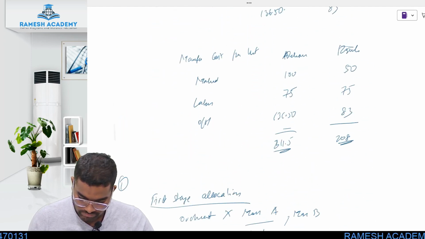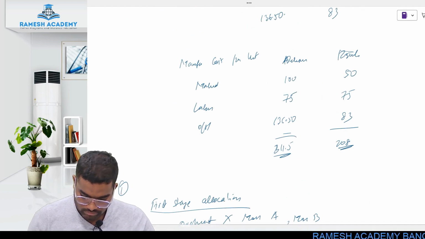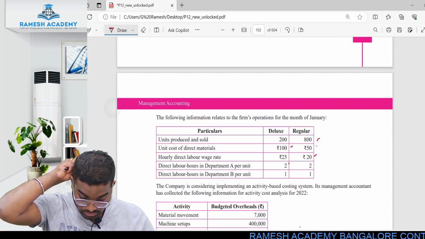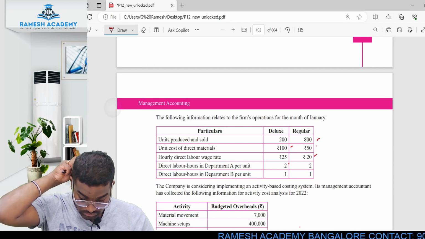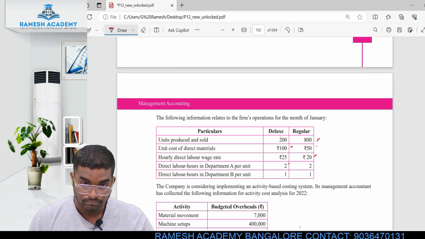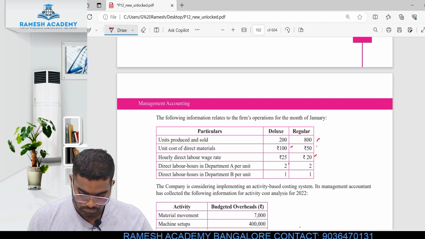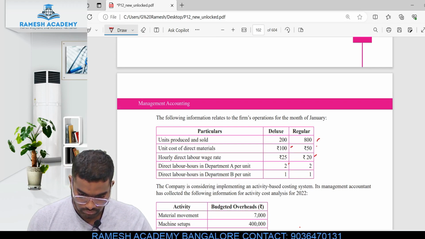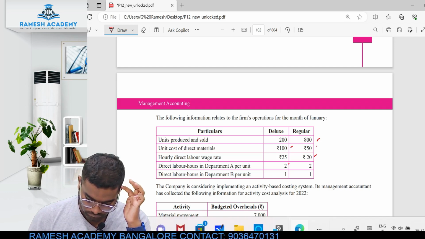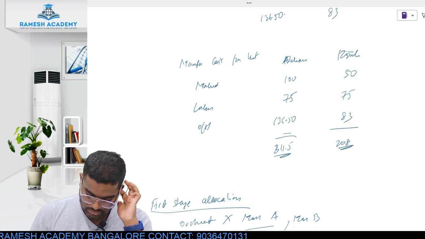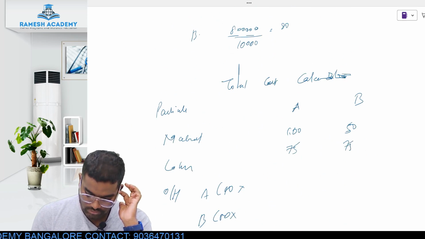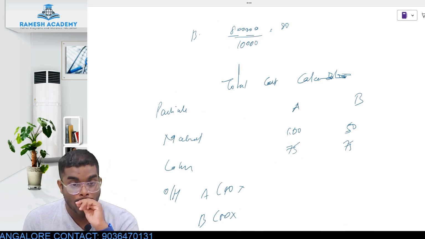How much is 75? We'll see the number of hours first, then I can come to a conclusion. So 2 plus 1, 3, 75 hours. 75, 75, okay. Here it is 75, because labor hours is worked in both the things.